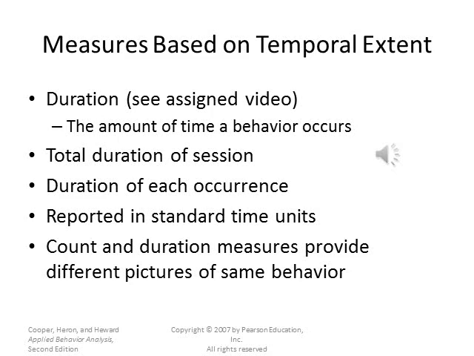The count and duration measures provide a very different picture of the same behavior. So one of the things when you're deciding about measuring behavior in applied settings is what are you most interested in? The percent of time that it occurred, or are you interested in the number of times it occurred? Even to think about the same kind of behavior, I'll use my experience. For example, out-of-seat behavior.